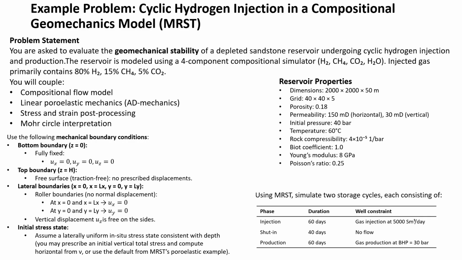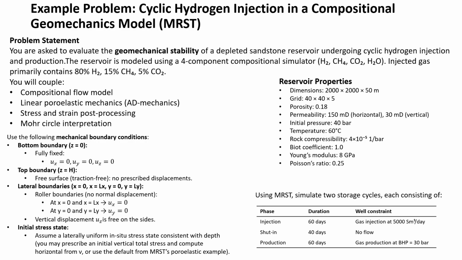So for an example problem in this class, we are going to do some kind of stretching from the basic black oil model, which we used to simulate after verifying the Mandel's problem. We would now have to evaluate geomechanical stability of a depleted sandstone reservoir undergoing hydrogen injection and production.